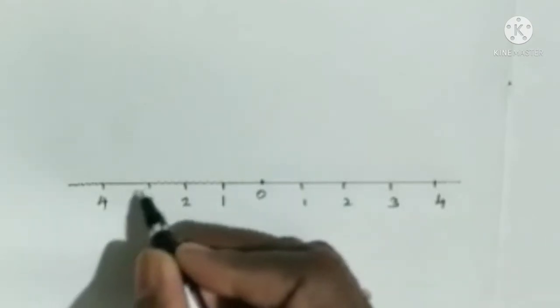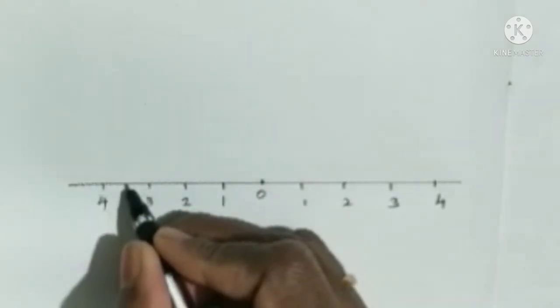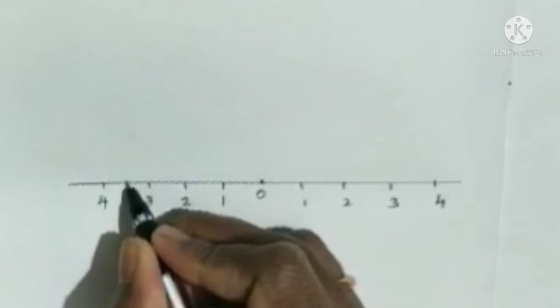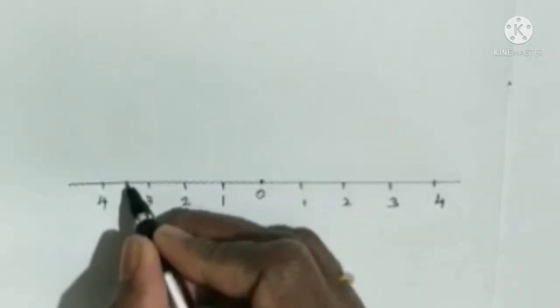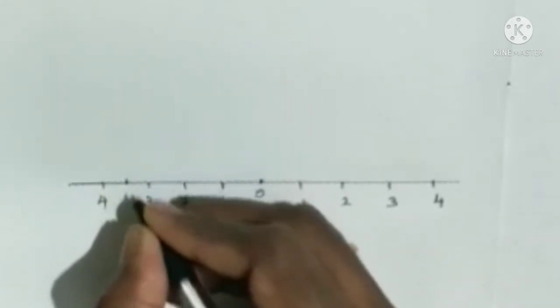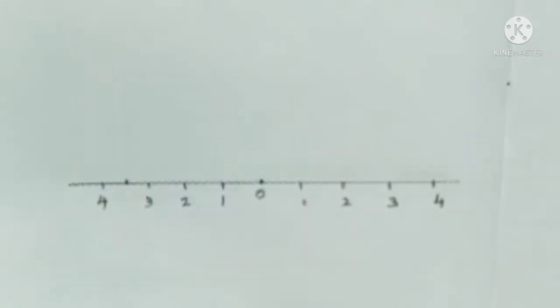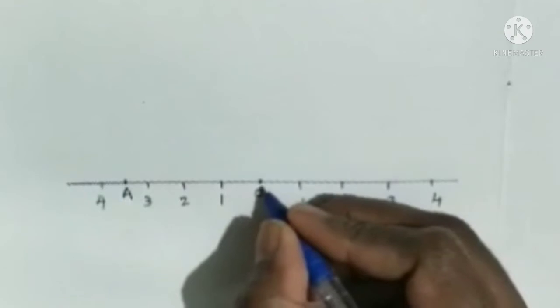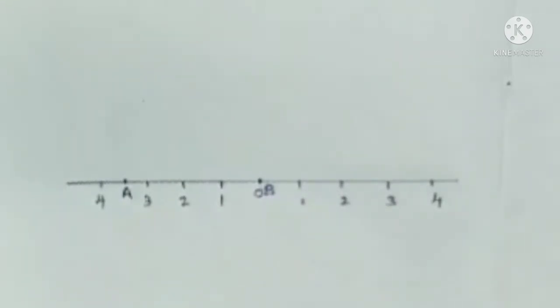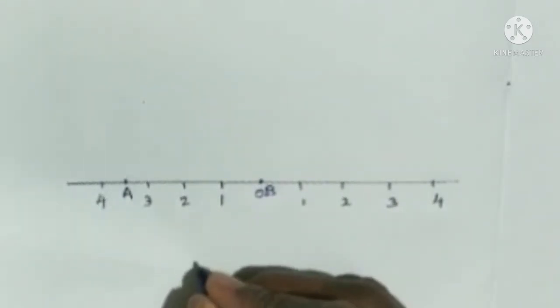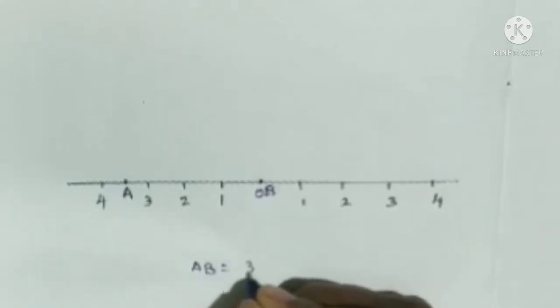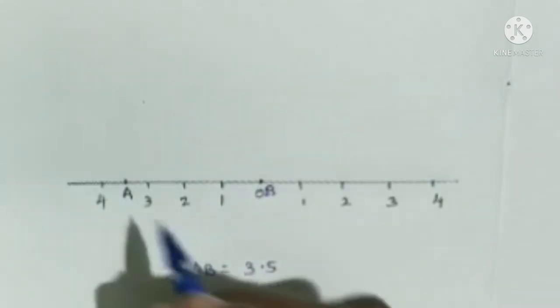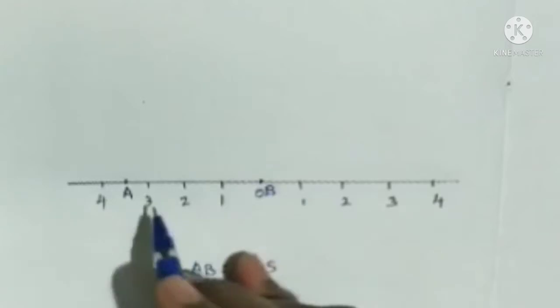So this is 3 and this is 3.5. So 0 to 3.5, you can represent A, this one B. So AB equals 3.5.